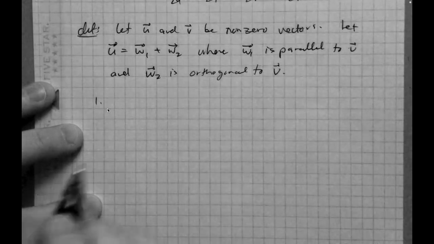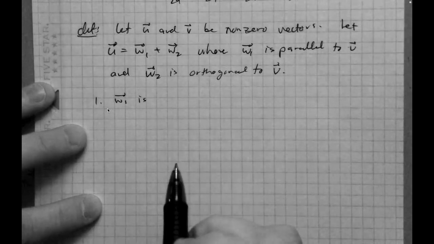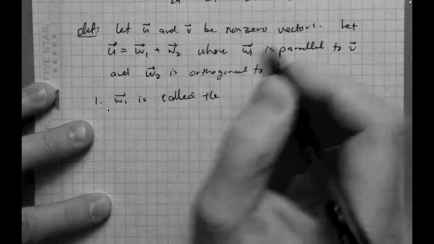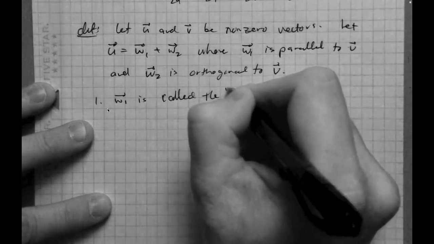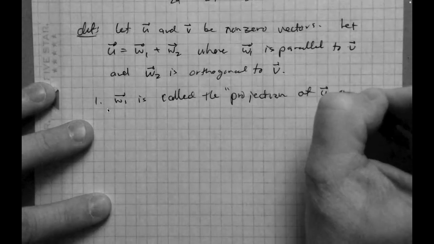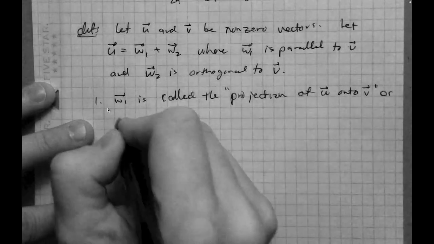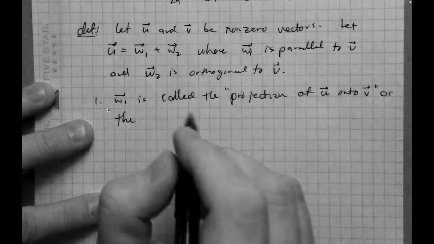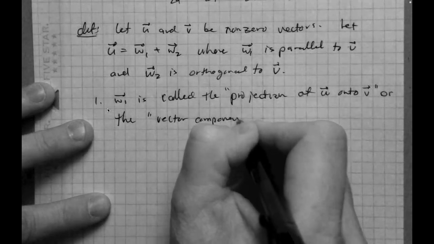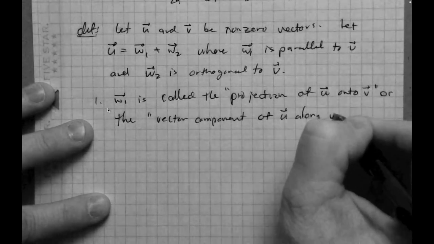All right, and so these two vectors, w1 and w2, have a name. So w1, the one that's parallel to v, is called the projection of u onto v, or the vector component of u along v.